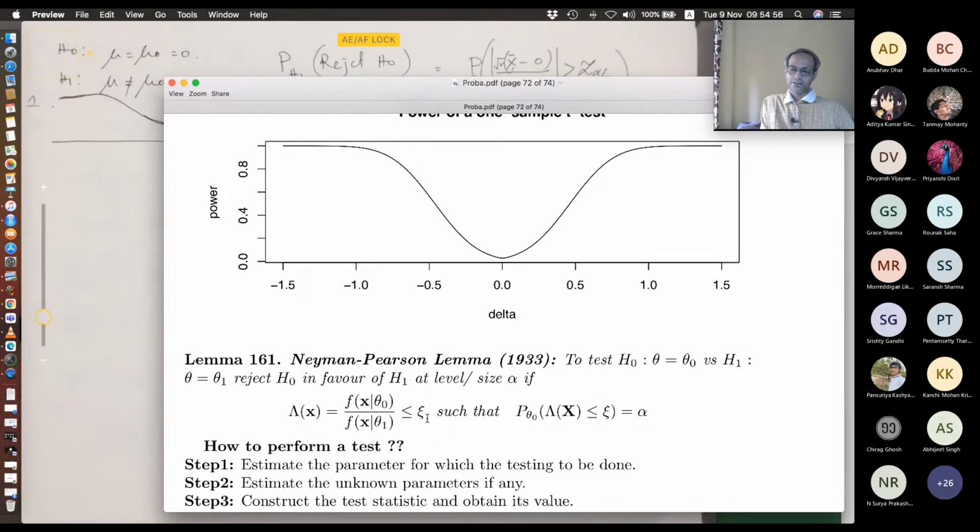This is your rejection condition. If this ratio is less than something, I will reject the null hypothesis.